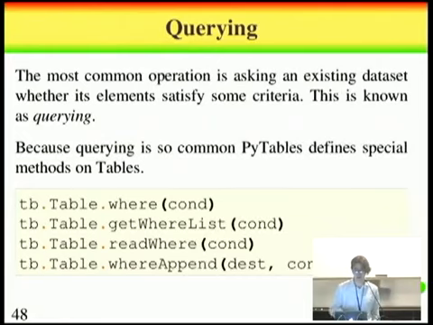Then there's get_where_list, which evaluates the condition and gets you the indexes of where that condition was met. The read_where evaluates the condition and returns you a list or an array that matches that condition, so you don't have to go back through.